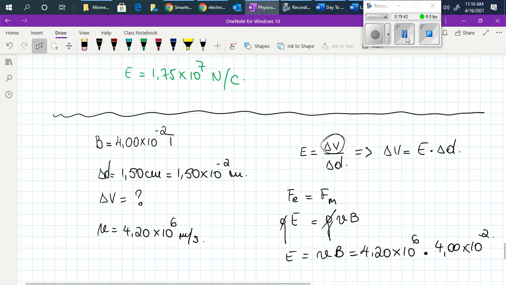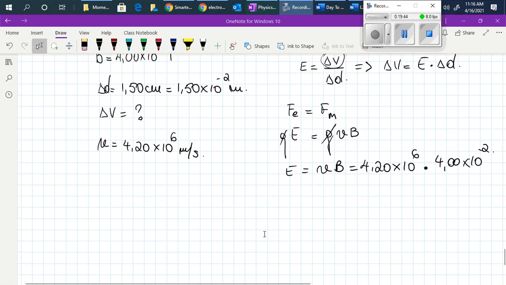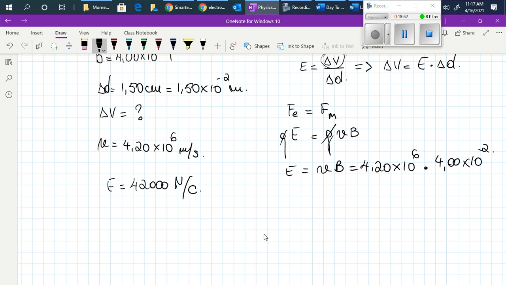Enter this in your calculator, and we will have an electric field strength of 4200 newtons per coulomb. Now, on the other hand, as I said, E is delta V over delta D.